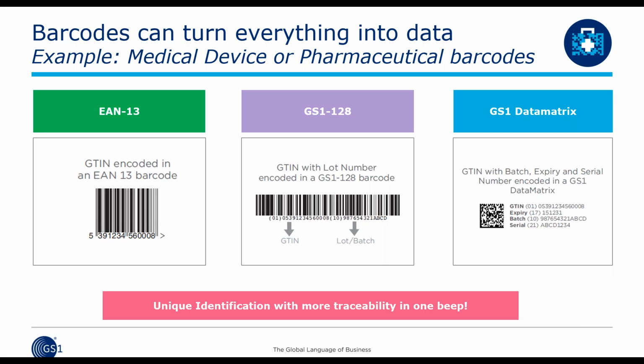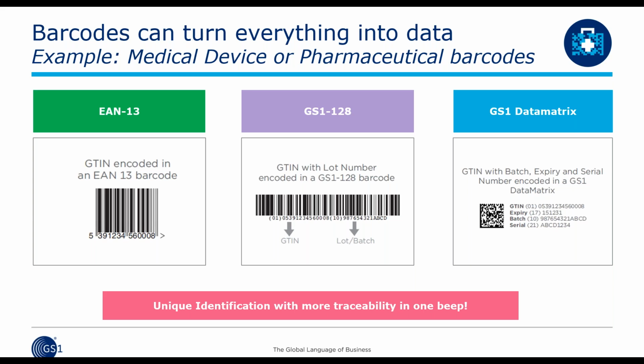So then to summarize, as Siobhan mentioned, barcodes can turn everything into data. And here are some examples of commonly used GS1 barcodes for medical devices and pharmaceuticals. So first we have the EAN13. So we see here the GTIN encoded in that.